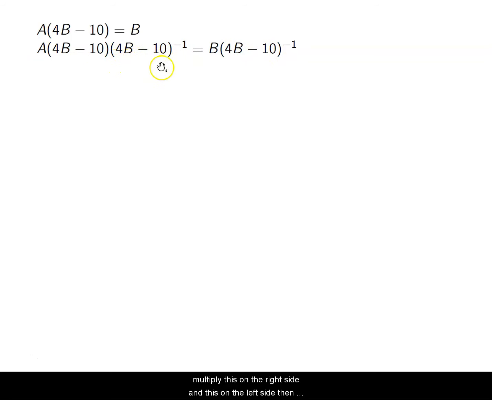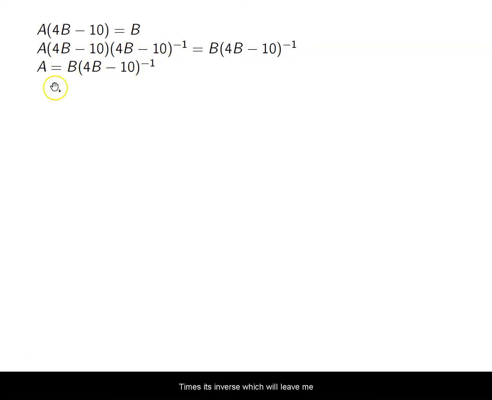They both have to be on the right side of the equation. Because remember, right-hand multiplication and left-hand multiplication are different things. So when I do this, I'll be left with A, because I have a matrix times its inverse, which will leave me times A times the inverse, which is just A, equals B times 4B minus 10, okay?